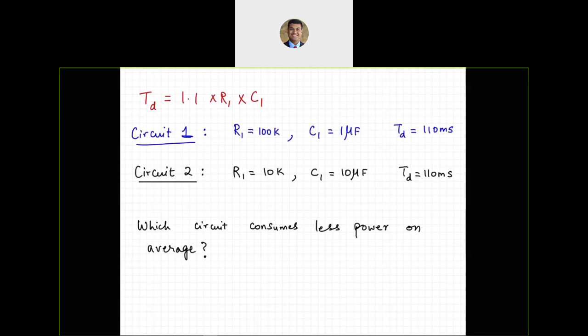Well, I know that if the resistor is high, it is going to draw a limited, small amount of current from the supply. So the power consumption over here in circuit 1 is going to be smaller on average than circuit 2. So my expected answer to which consumes less is: circuit 1 should consume less power.